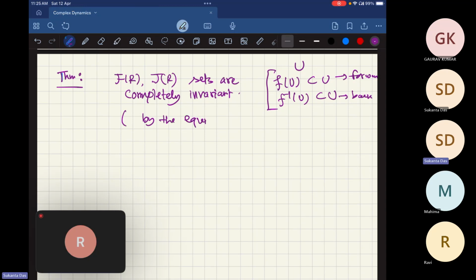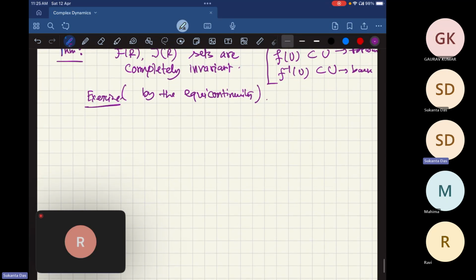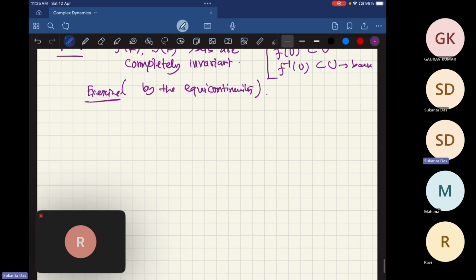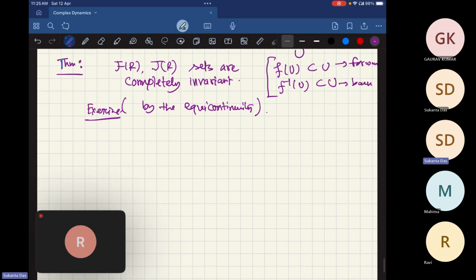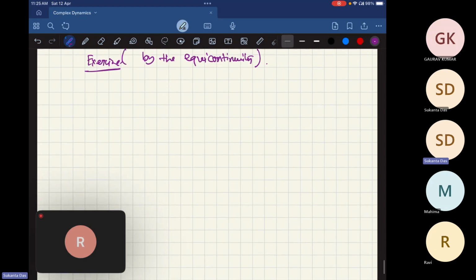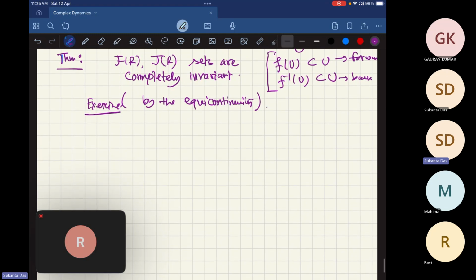That is the simple way by which you can check it. This is not a difficult thing, so one can take it as an exercise. It's very easy. So the Fatou set and Julia set, for rational maps as well as for transcendental maps, are always completely invariant.